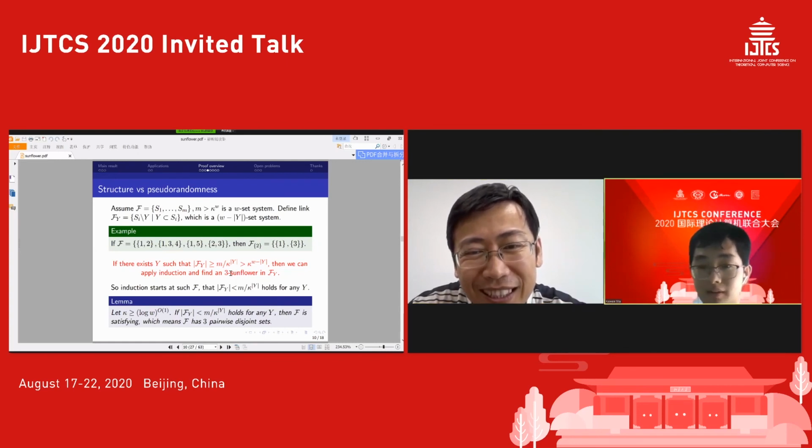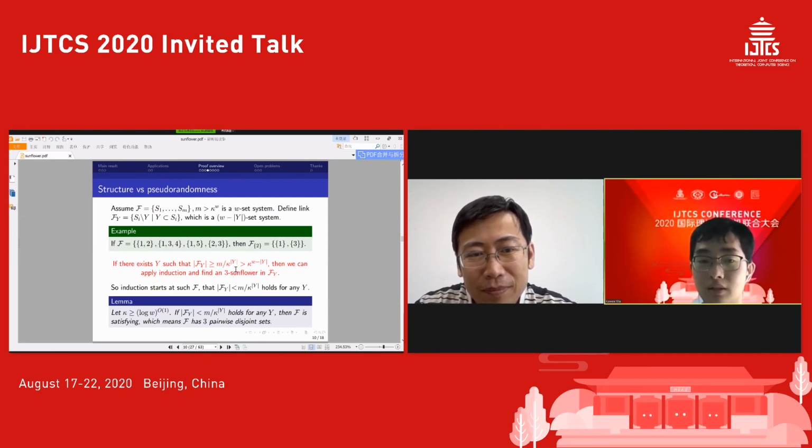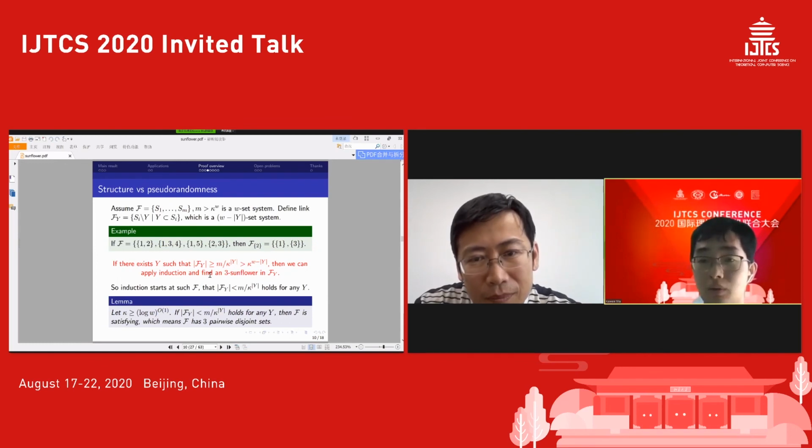I think the question is, can we find a version weaker than pairwise disjoint sets in a pseudo-random set system? That is indeed possible, and we don't know how to verify this. Our definition of satisfying set system only gives pairwise disjoint sets instead of a sunflower structure, but it's indeed possible to find another kind of sunflower in a pseudorandom set system.